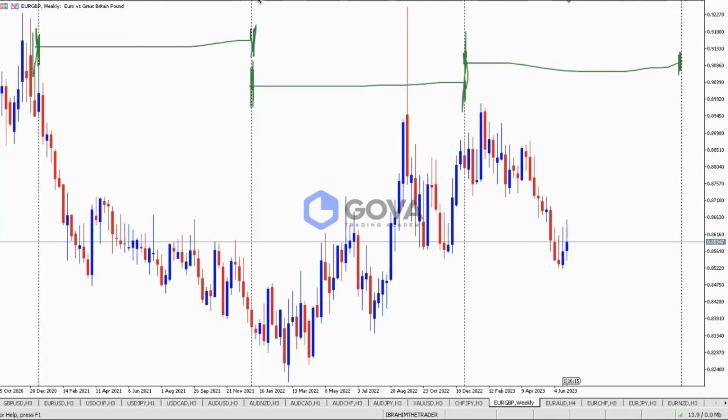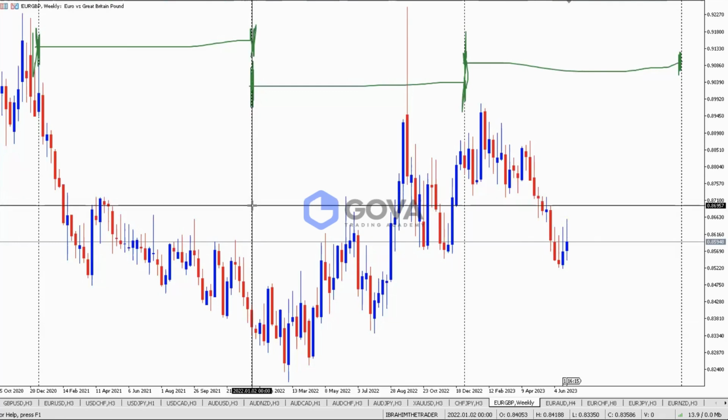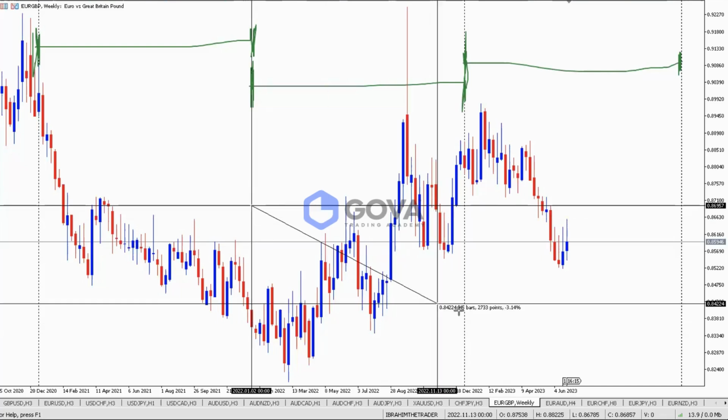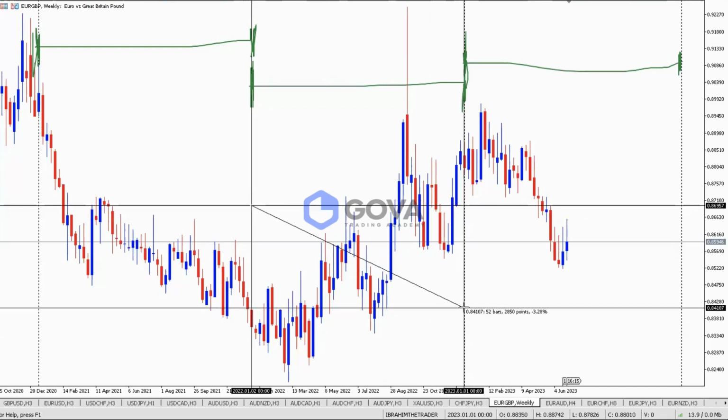Look at this area. Putting my cross here, this is the period separator for 0201 2022. So you can see from 2022 to this area is a 1 year period. This is 0101 2023.